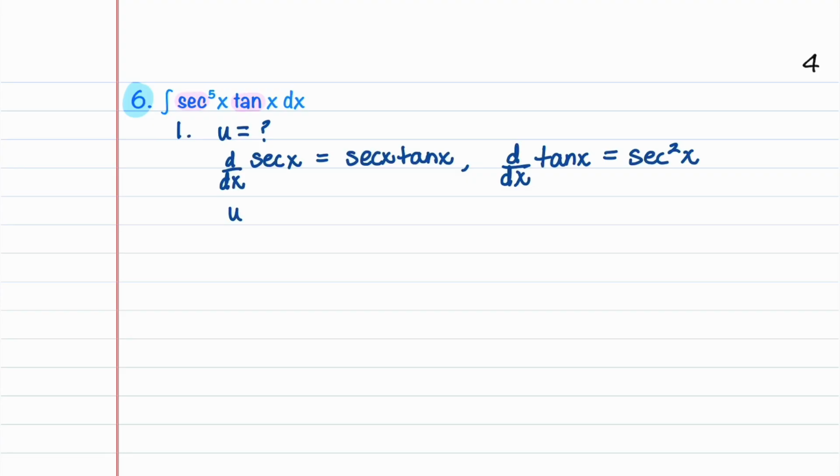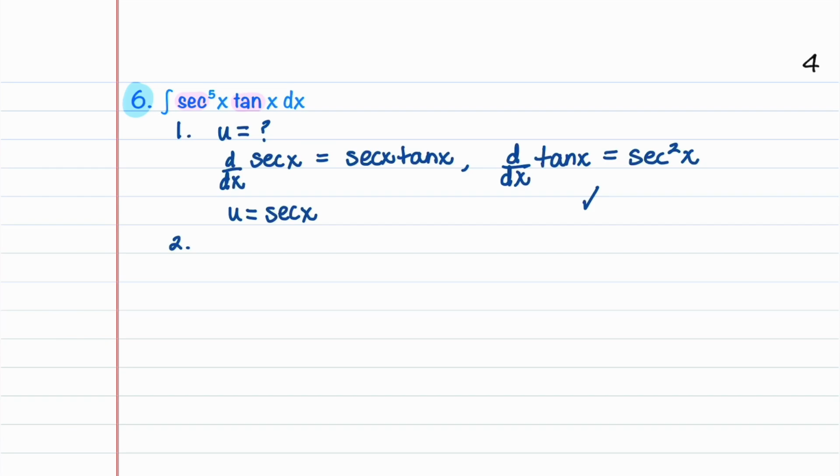If we let u be equal to secant x, then we have the derivative up in our integrand without anything left over. If we let u be equal to tangent x, we have the secant squared, but then we have a secant cubed left over, and we're not going to know what to do with that. So that's why letting u equal secant x is the right choice for this problem.